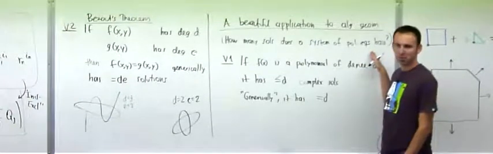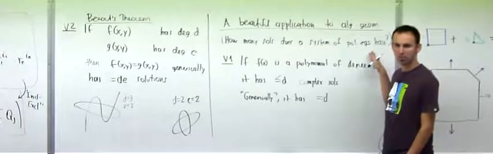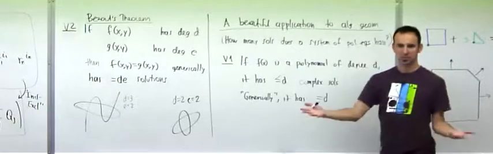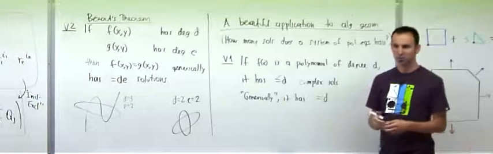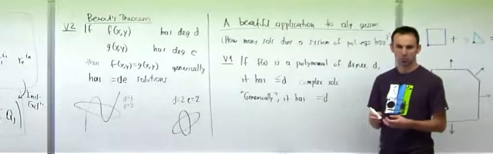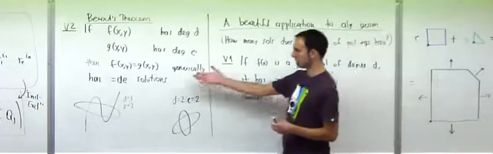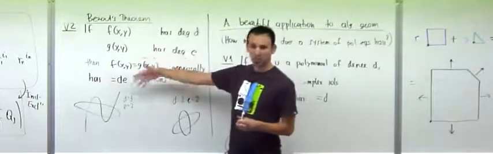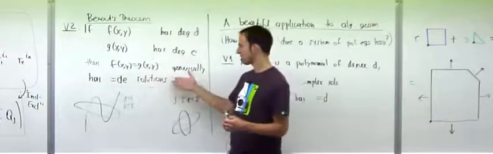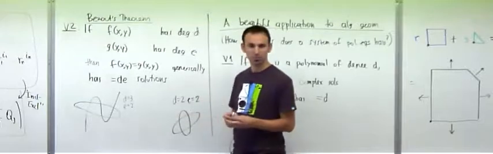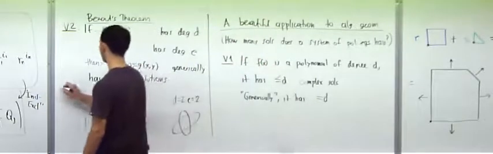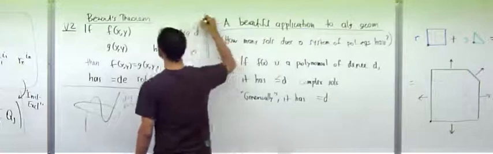No one really has any good way of answering this. If you give me a system of polynomial equations, there's just no reasonable way of finding out how many solutions it has. But this says that if the functions are general, if nothing strange happens, then you're going to have exactly DE solutions. So this is a nice theorem, Bézout's theorem.